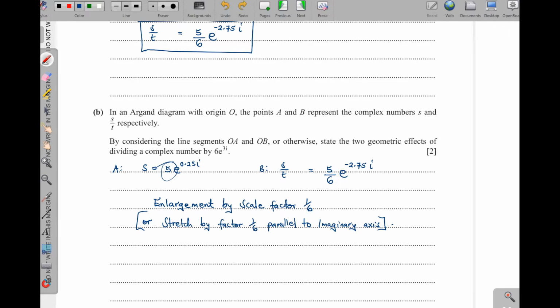All right, then the other one can be the angle. This angle here, e to the power of negative 2.75, is coming from e to the power of 0.25 minus 3i.